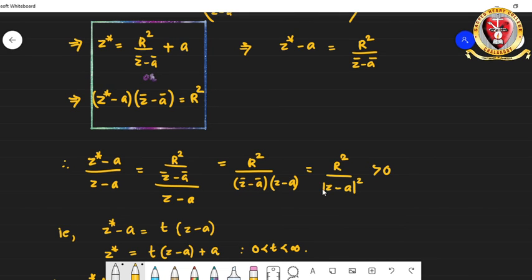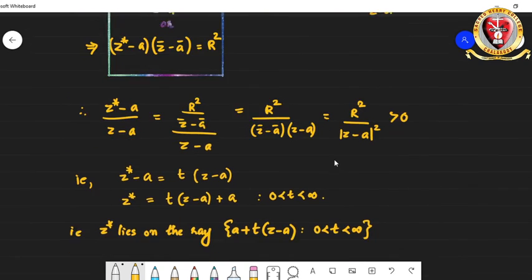So that is r square divided by modulus of z minus a the whole square. Okay, so this is definitely a strictly positive quantity. So z can be a, but this r is never zero, so this will be a strictly positive number.